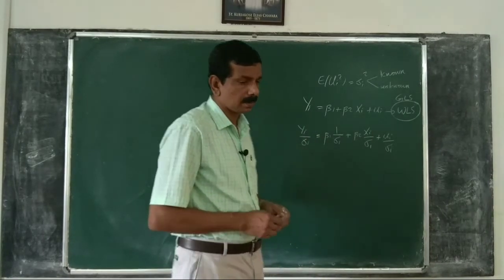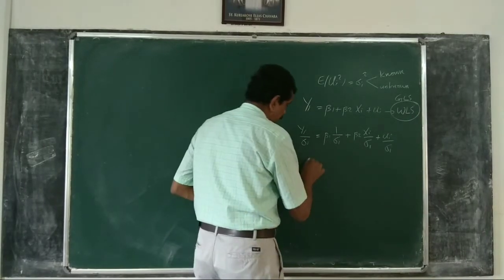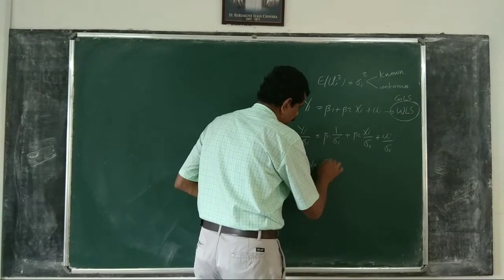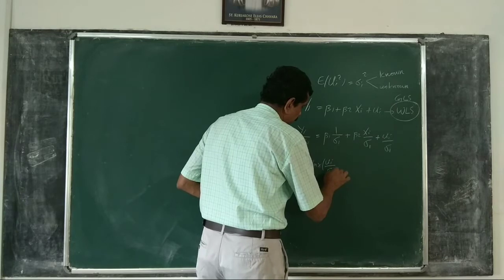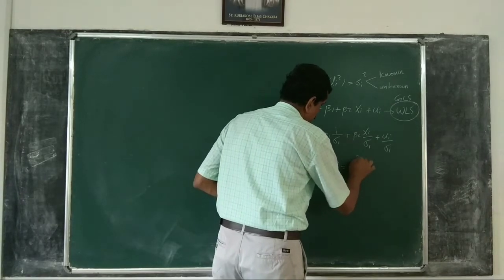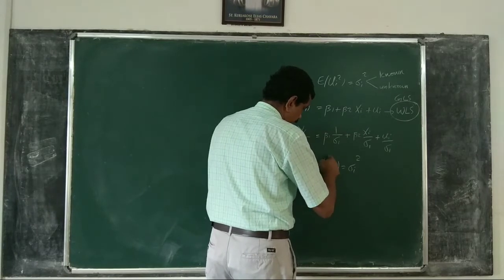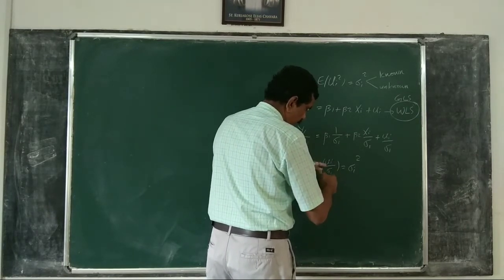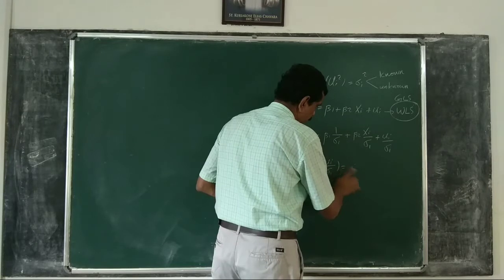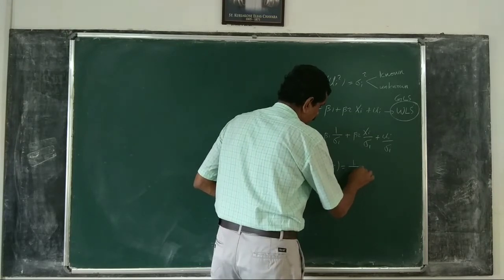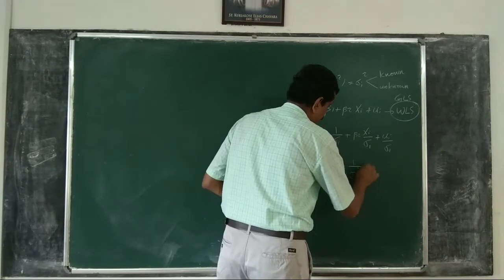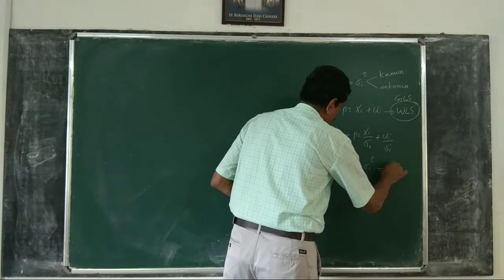In the new model, you consider the variance of ui by sigma i. This is equal to 1 by sigma square i into variance of ui, which is sigma square i, and that is equal to 1.